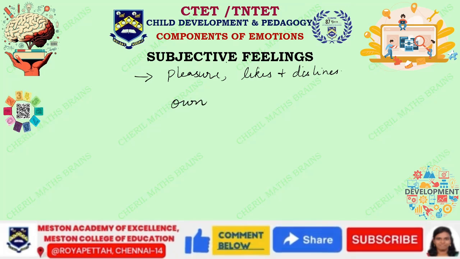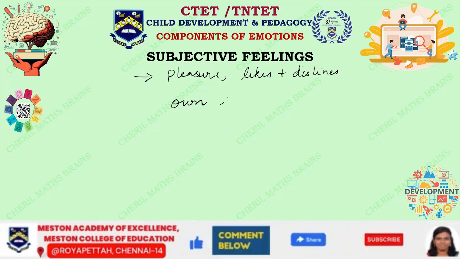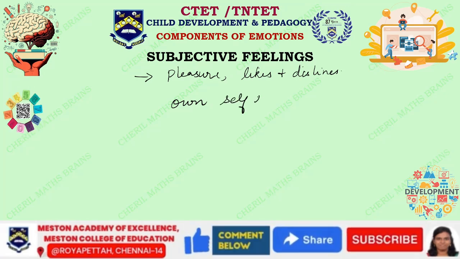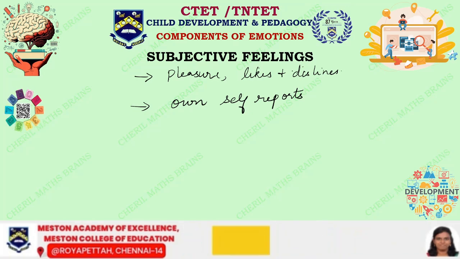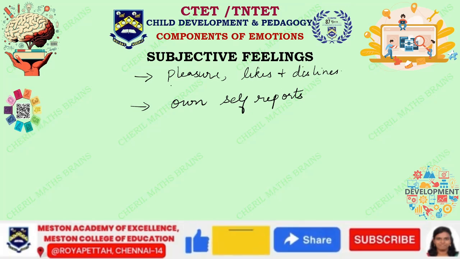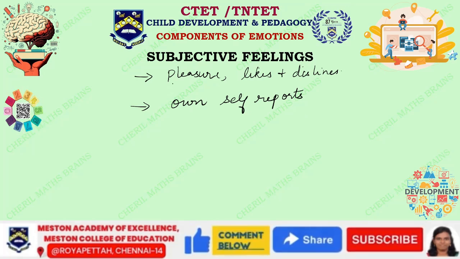How do we express our feelings, or how do we manage our feelings? It is based on our own self reports, not just on what others say or think. When you have that kind of subjective awareness, you will be able to have these subjective feelings, which again talk about your pleasures, likes and dislikes.